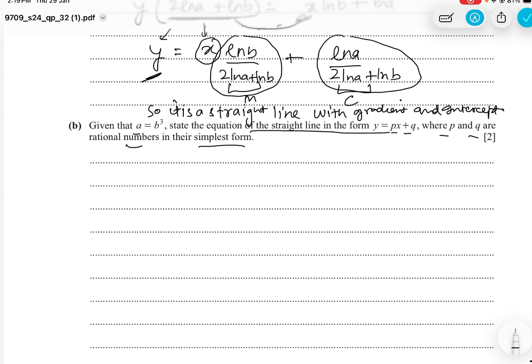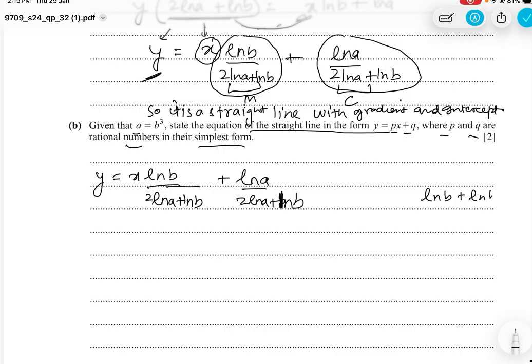Now we want to remove this logarithm. We had the equation y equals x ln b upon 2 ln a, plus ln b plus ln a upon 2 ln a plus ln b. Before doing this question, you should know if I have ln b plus ln b, whenever we add, we multiply them.